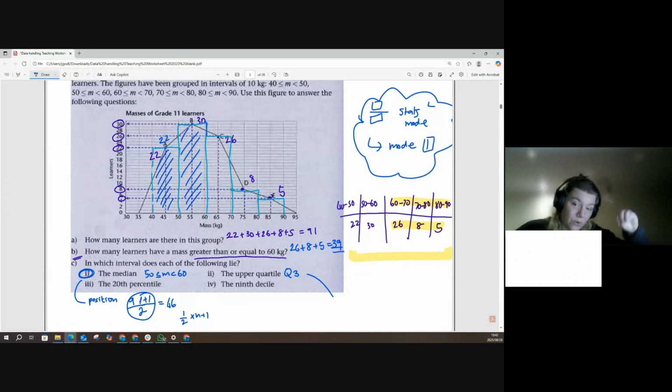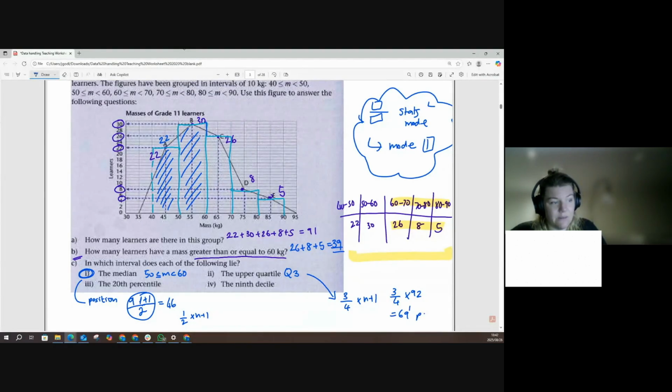Quartile 1 would be 1/4 times n plus 1. Quartile 3 is 3/4 times n plus 1. So we're saying 3/4 times 92, which gives me the 69th position.